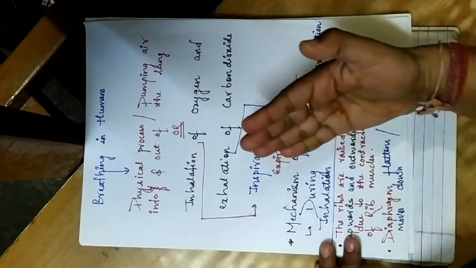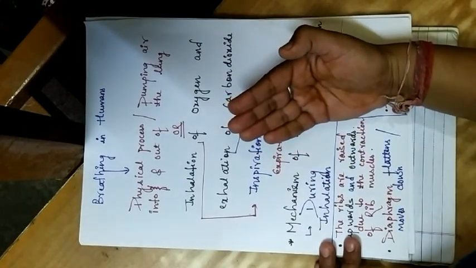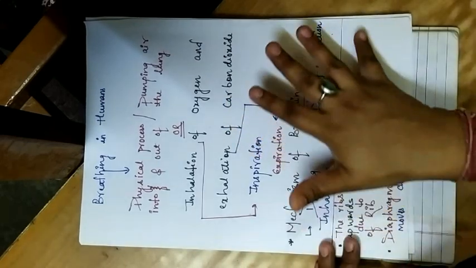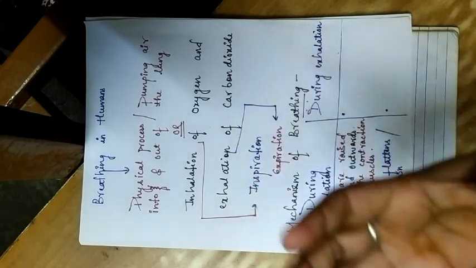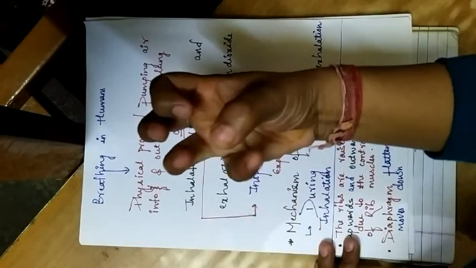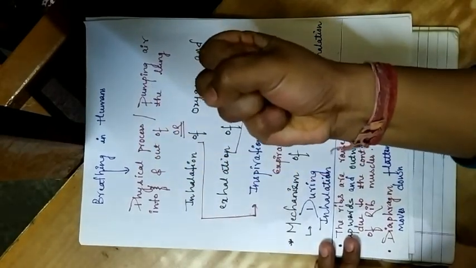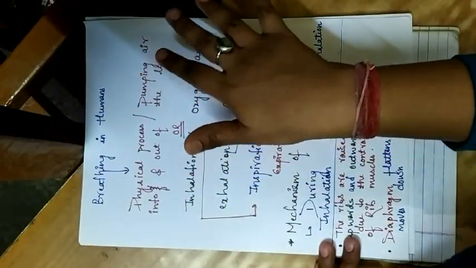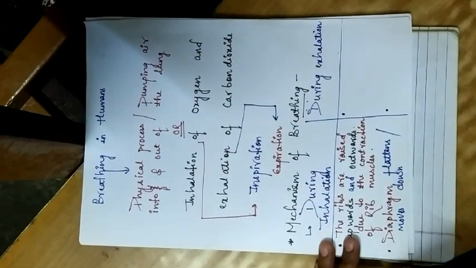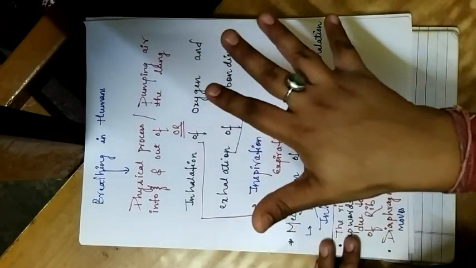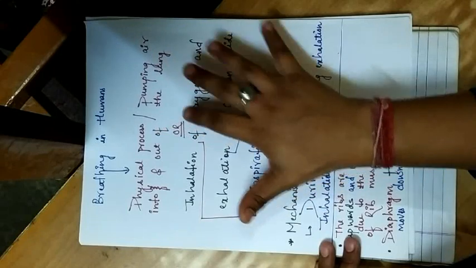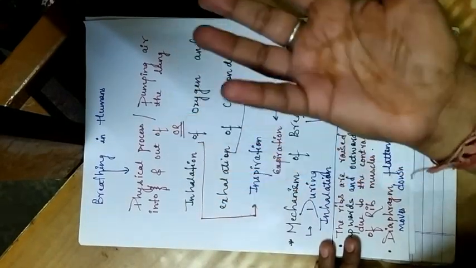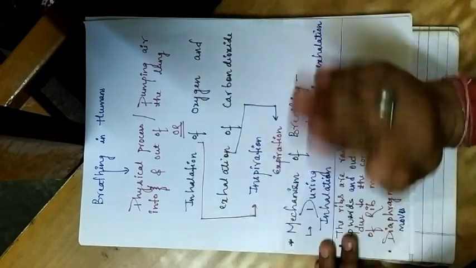When we inhale, the muscles contract, the ribs move upwards and outwards, and the diaphragm flattens. Now the rib muscles expand, the ribs move downwards and inwards, and the diaphragm moves upwards, returning to its original position.